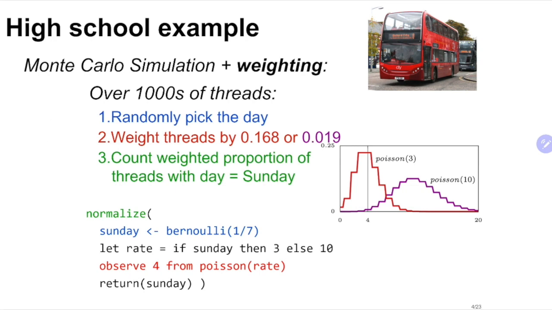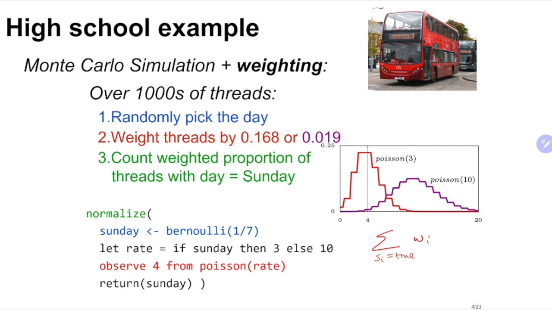Okay, so what we're interested in is the sum over all of the runs that we've done. There might be thousands of them. So each time we run, we're going to end up with a day S_i and a weight. And if S_i is true, then we'll have a weight, W_i, and in this example that will always be 0.168.